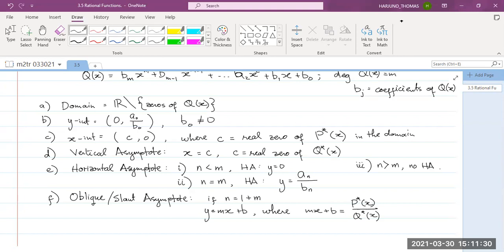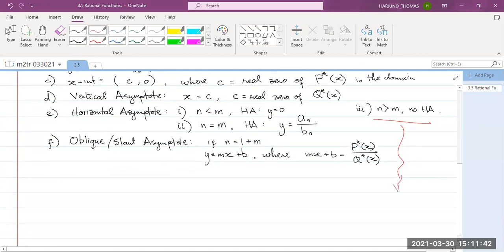Why, when the degree on the top is greater than the degree at the bottom, no horizontal asymptote? Let's see, for example, we have x squared plus 4 over x minus 5. You see the degree on the top is 2, degree at the bottom is 1, right? Okay, so because the degree on the top is more than the degree at the bottom, then as x goes to infinity, this goes to infinity a lot faster compared to this one.